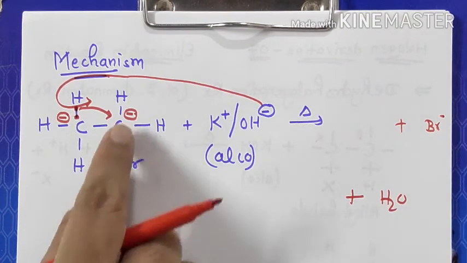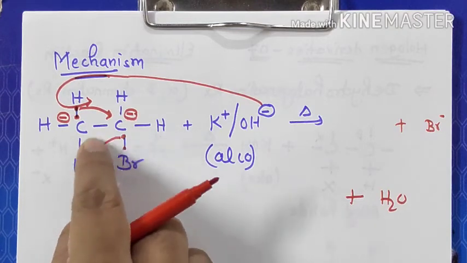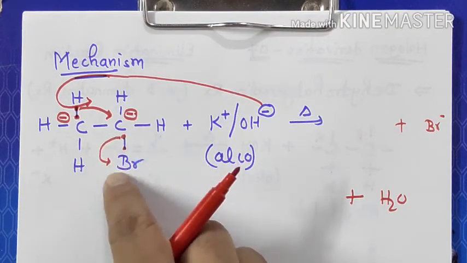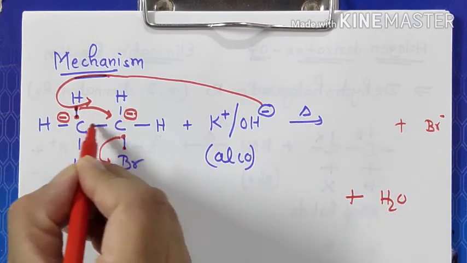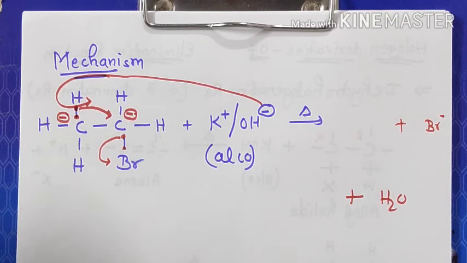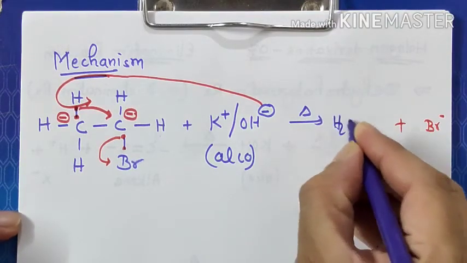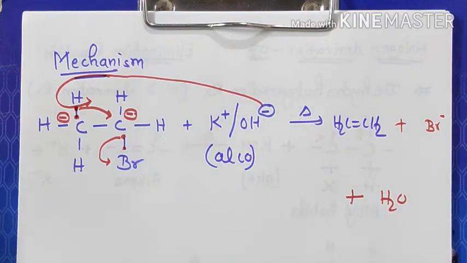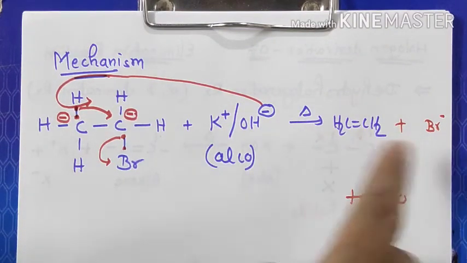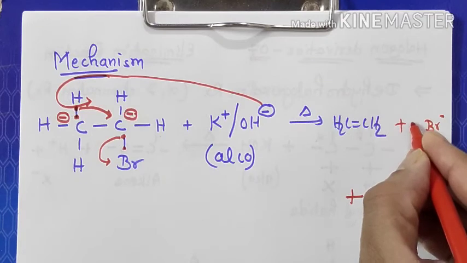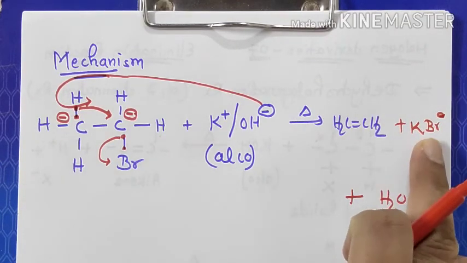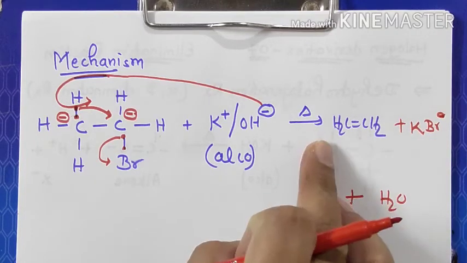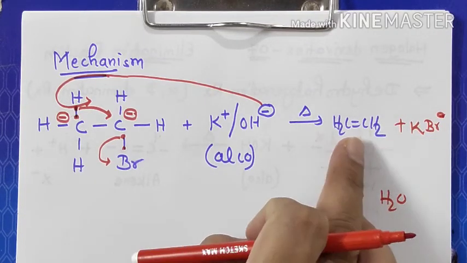This happens because the carbon was getting negative; it has given its own electron, so it will become neutral. That means one electron is left, and this electron will form a double bond. As a result, we form an alkene, that is H2C double bond CH2. I hope you understand. This K plus and this Br minus will result in the formation of KBr. So that's how KBr is formed, that's how water is formed, and that's how there's a formation of alkene.